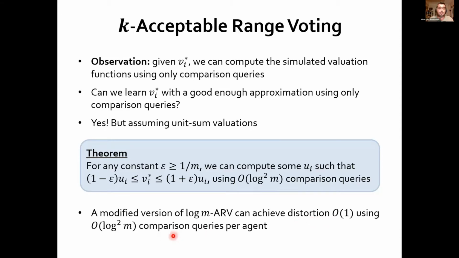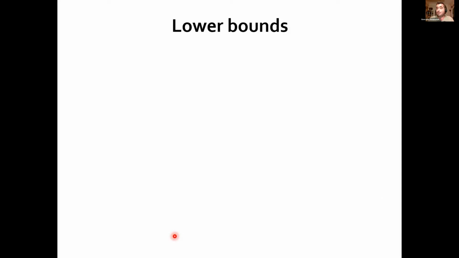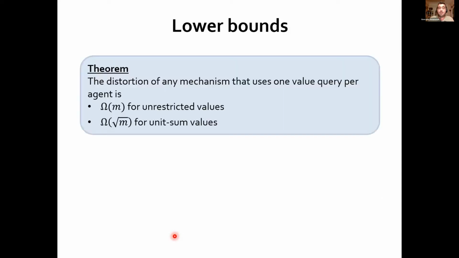Okay, so what about lower bounds? Well, we saw in the very first simple mechanism that with just one query, we can achieve distortion of order m.